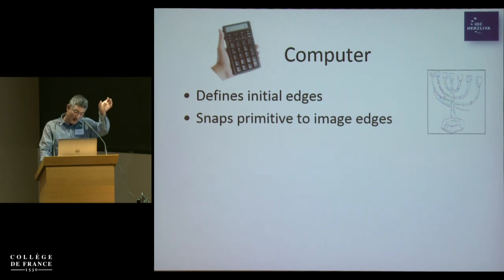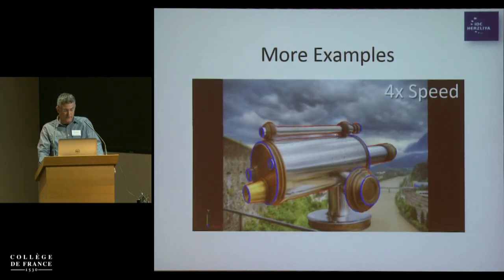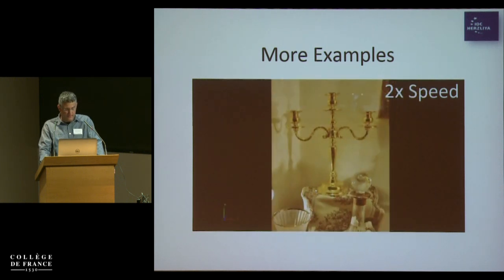So the human positions the part exactly where it's supposed to be. And the inference of those geometric semantic constraints, again, happens behind the scene and is preserved by the computer. So here you can see, again, some other modeling sessions of complex objects.